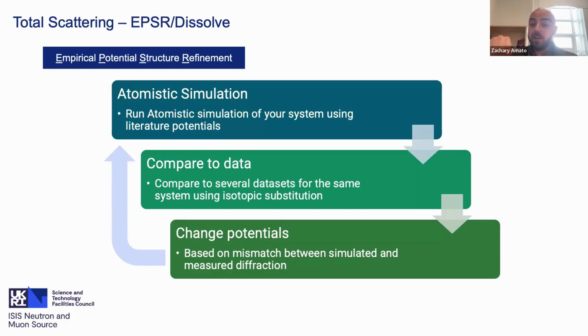From that simulation, we calculate what the scattering would look like if we were to throw neutrons through it. We then compare that to our neutron data, and if they don't match, we refine the simulation. We keep repeating that until they do match. Once we've done that, we can go on to do other analysis that you can only really do with simulations and can't get out of your experiment.